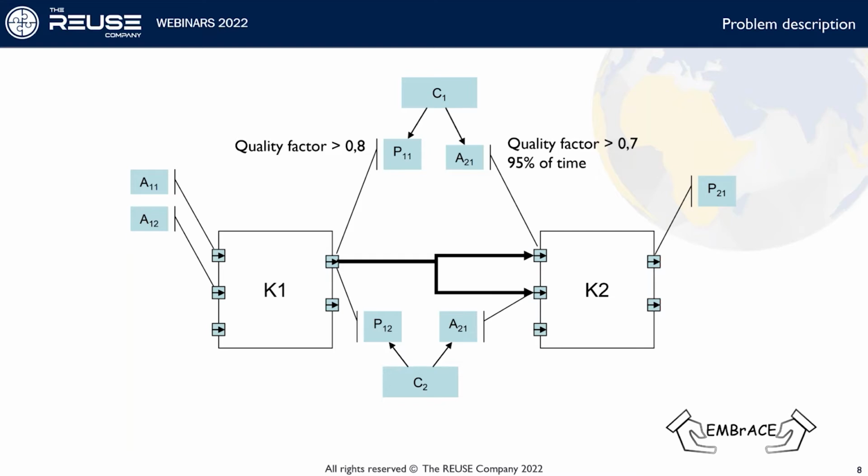But the second component expects the quality factor to be greater than 0.7 in 95% of the time.